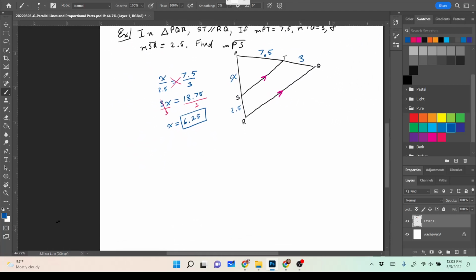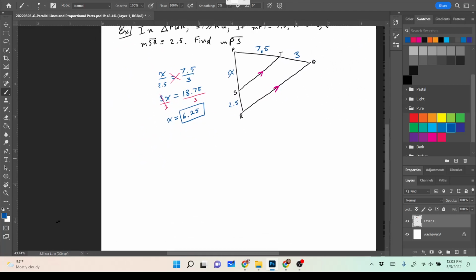Let's do another problem using the converse of that theorem. In triangle DEF, the measure of EH equals 3. The measure of HF equals 9.